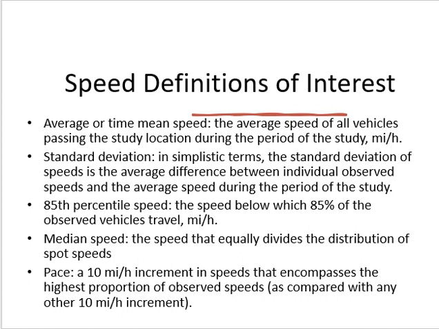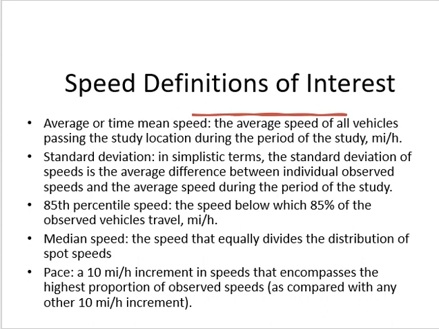Okay, and then we have pace. What is the difference between pace and the other four things? There's one main difference here. Pace is a range. All others are values.